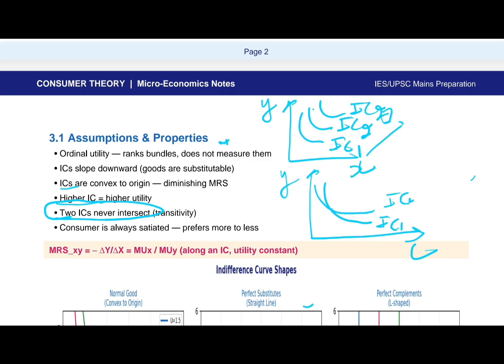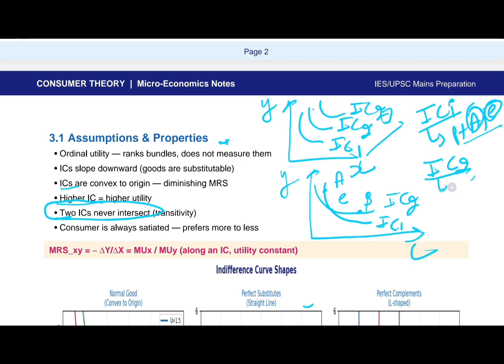This is point E, this is A, this is point B. Suppose on IC1 we get the same utility at point A and point E. Both give the same utility, as per the basic definition. On IC2, suppose point B and point E give the same utility.